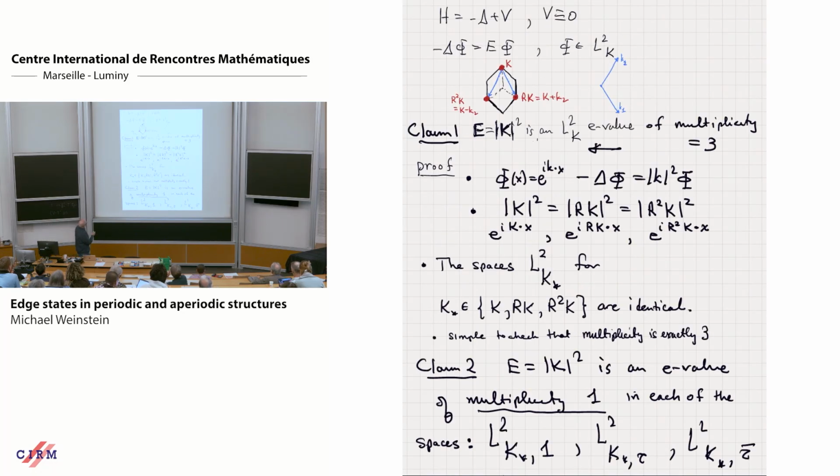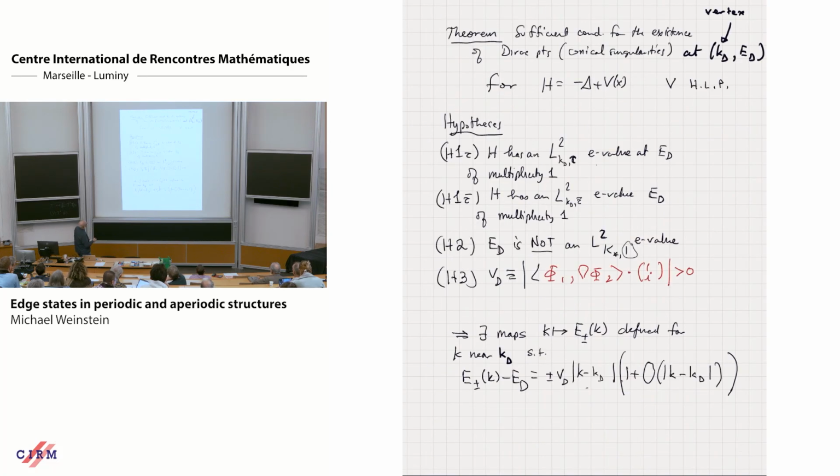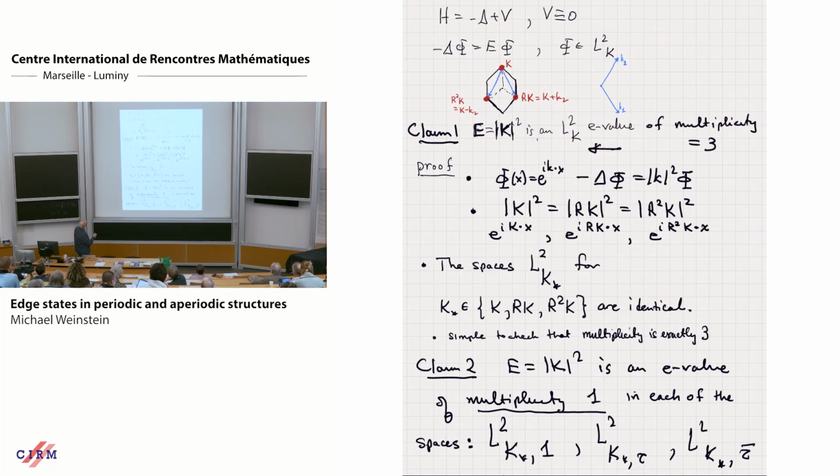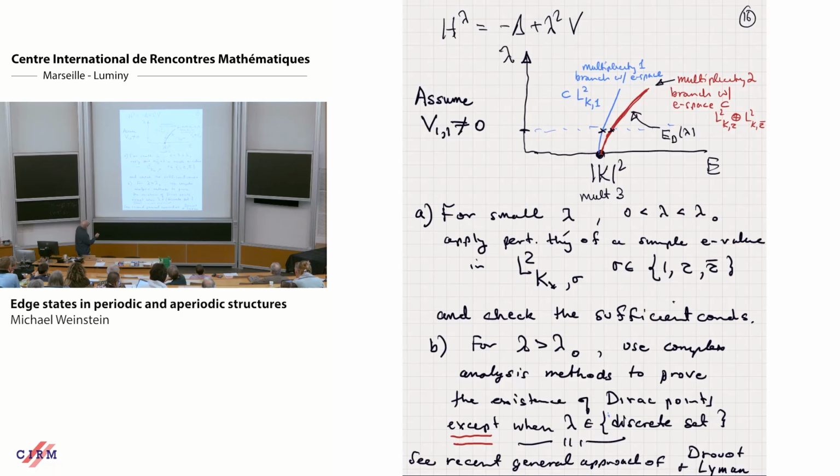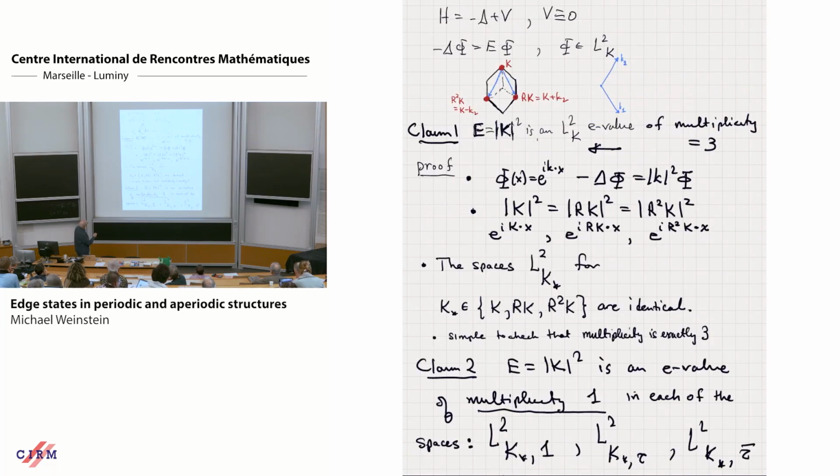Here is the calculation. I guess I mentioned this a little bit prematurely; I skipped over a slide. What I want to do is find a multiple eigenvalue, and that's easily done for the Laplacian.